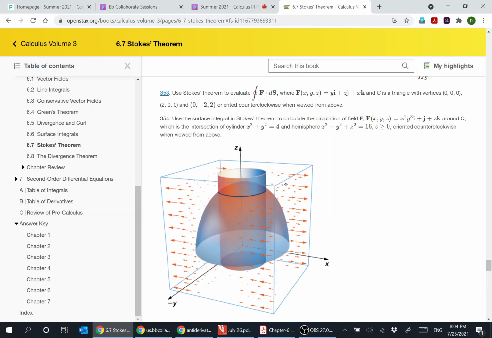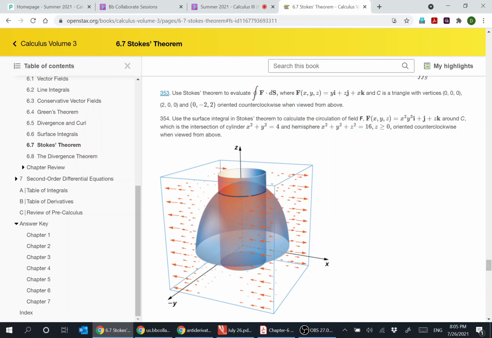That hemisphere is used to describe the intersection of the cylinder and the hemisphere to define C. You could pick it to be the surface because that little cap on the sphere has C as its boundary. But there's no point in doing that. You might as well just pick the disk.